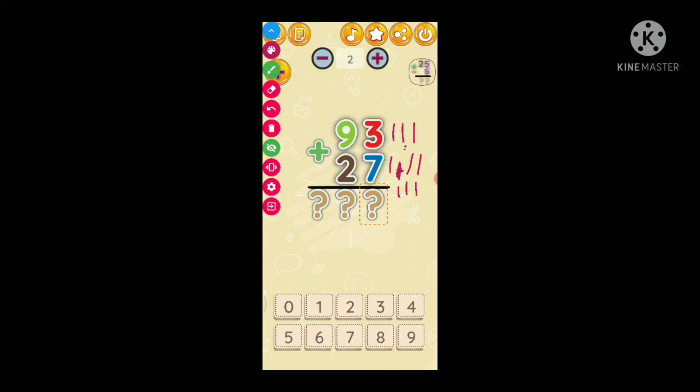Okay, so how many lines are there in total? 10 lines, right? So here 0 will be placed in this position, and 1 it will be here, right?